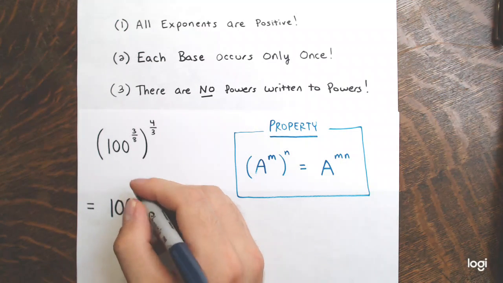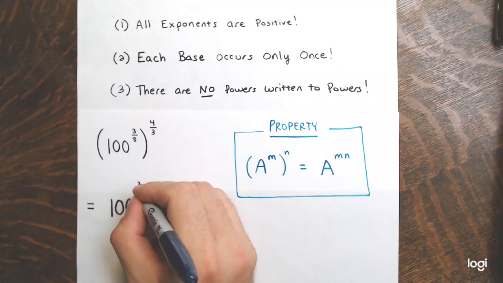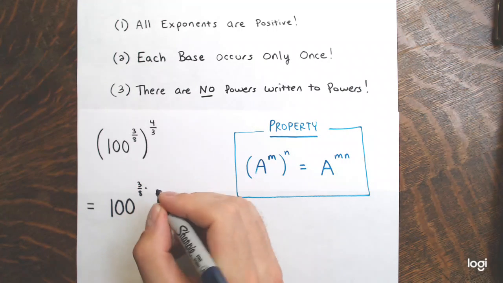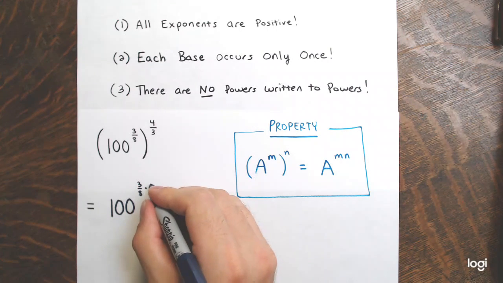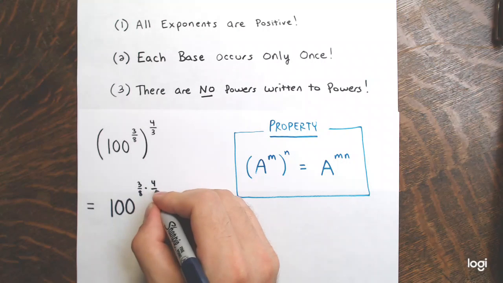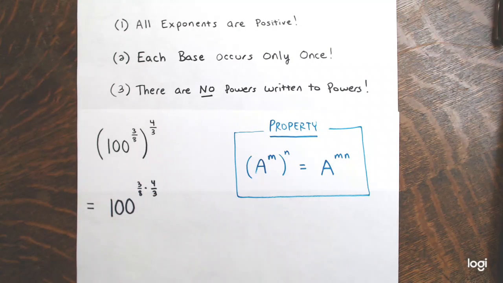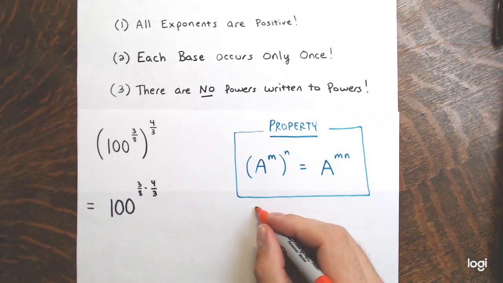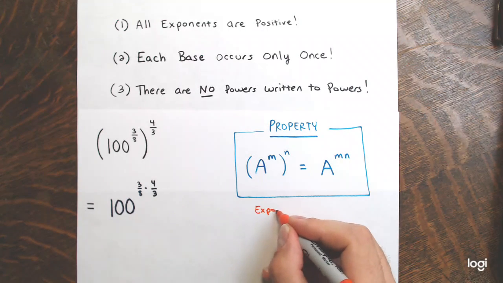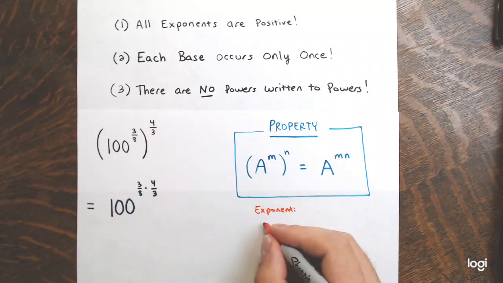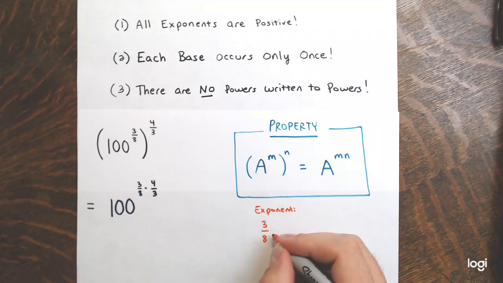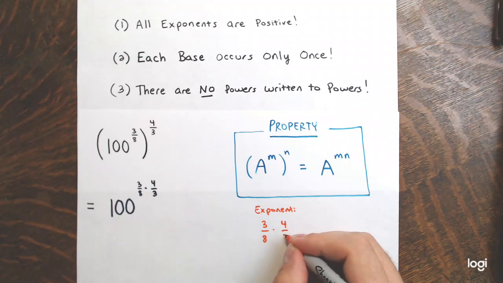And that new power is going to be 3/8 times, the dot for multiplication, 4/3. And what I'll do off to the side, here's the exponent. It is 3/8 times 4/3.